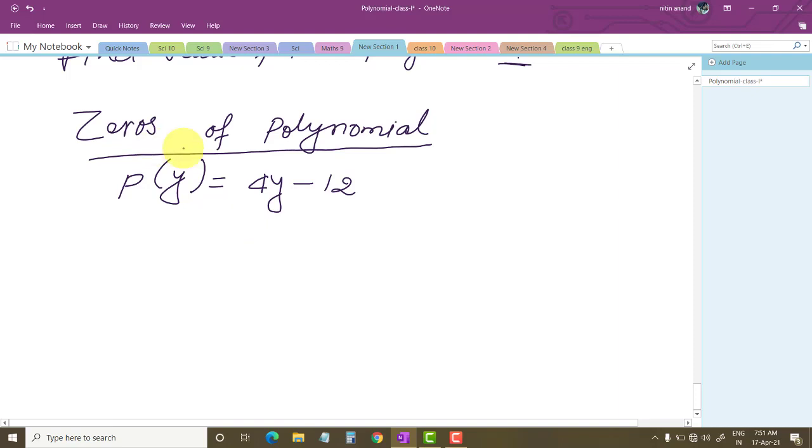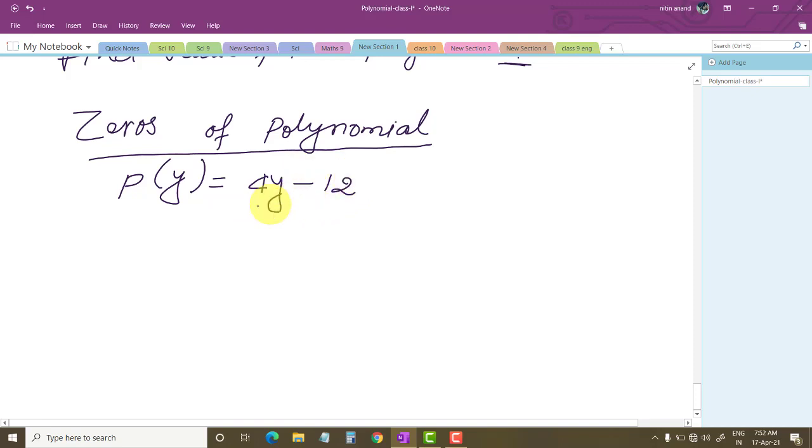Now we have to find zeros of this polynomial. Firstly, know the concept of zeros of a polynomial. Suppose our polynomial is 4y minus 12.